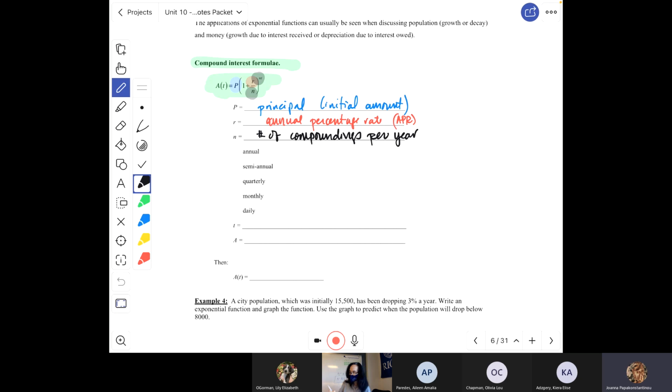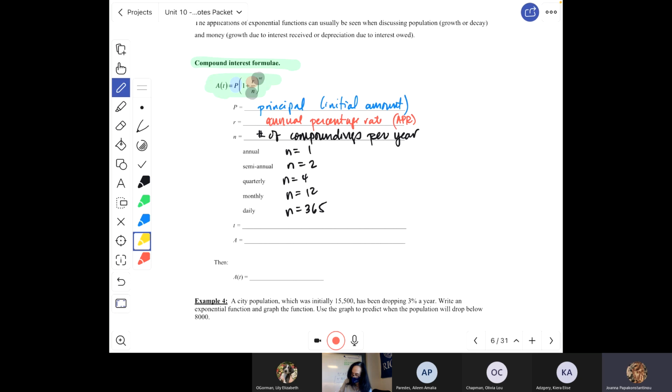So in the word problem, if it says it's compounding annually, what is N going to equal? Semi-annually. 2. Quarterly. Monthly. Daily. Yes.